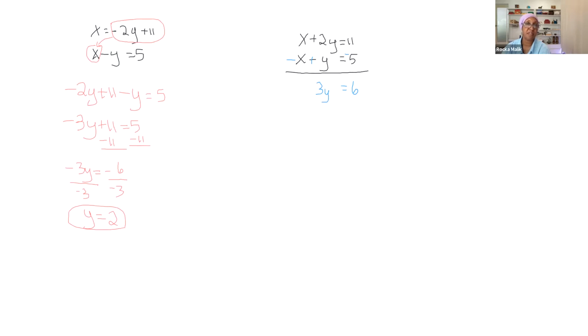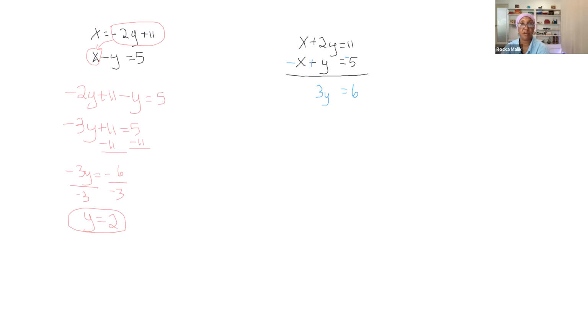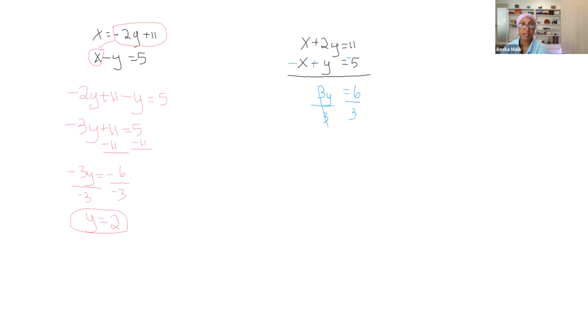And X plus a negative X, it's gone. So I'll divide both of these sides by 3, and I end up with Y equals 2. So I still get the same value for Y.